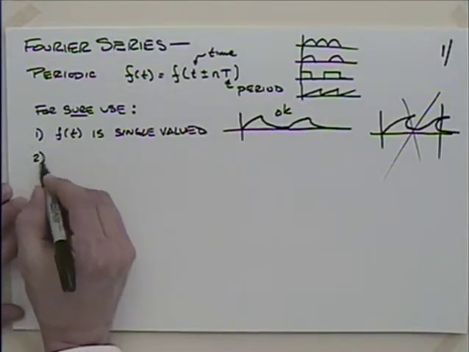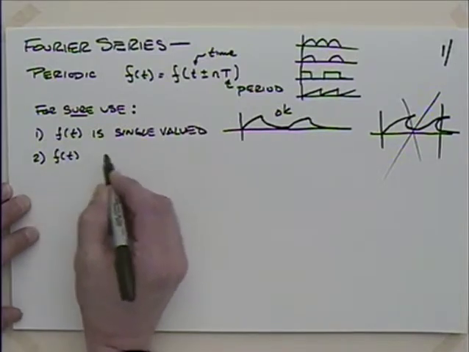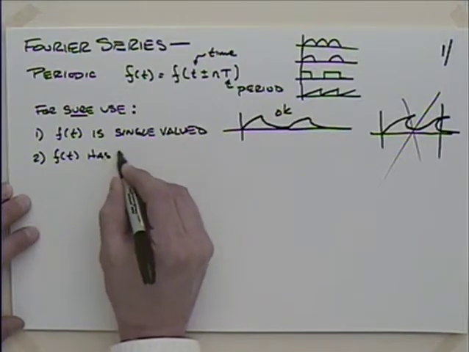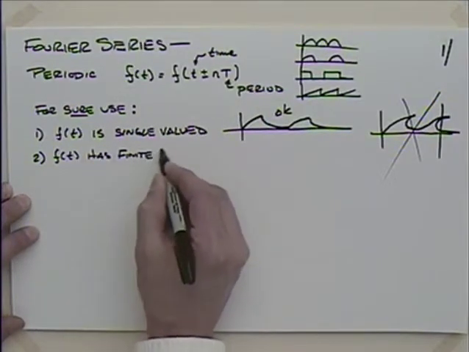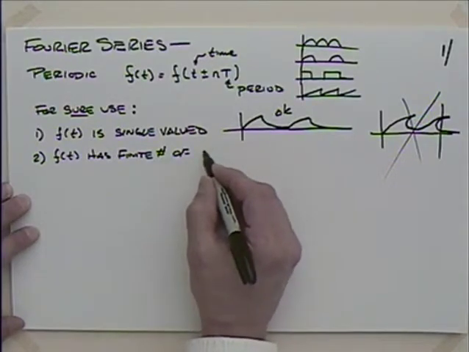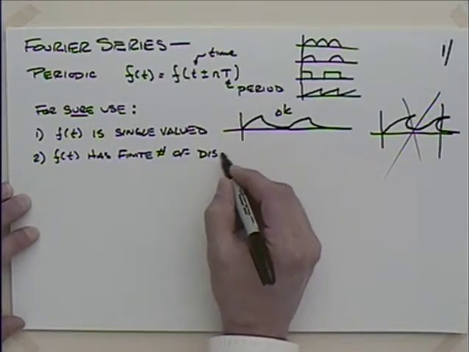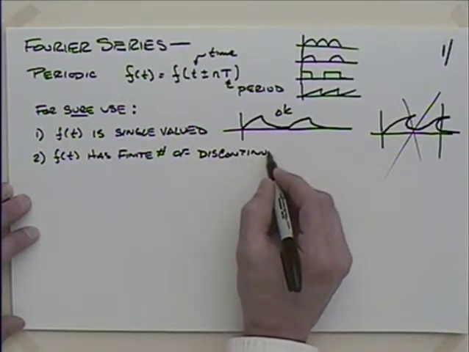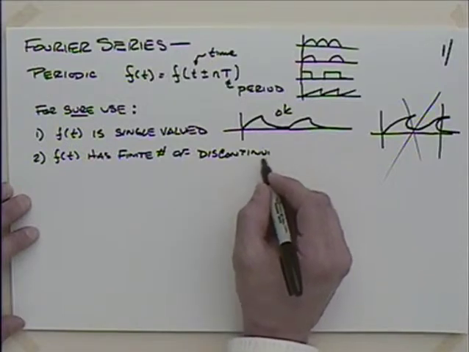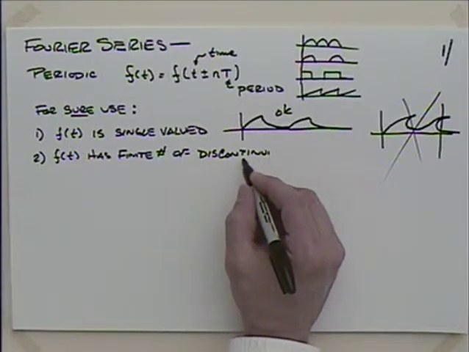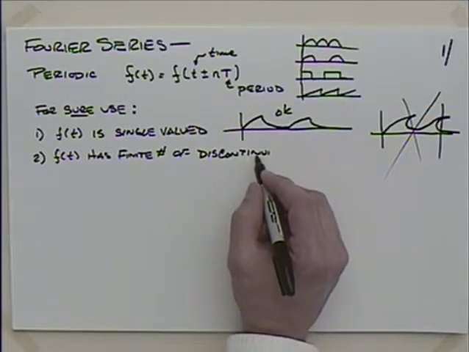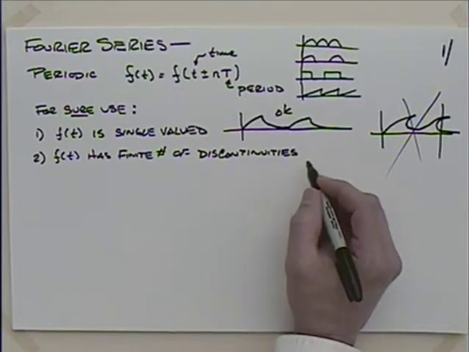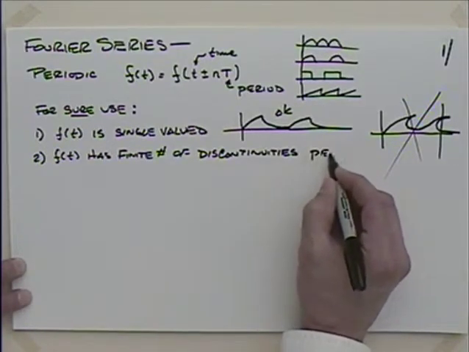The second one is that the function has a finite number of discontinuities per period.